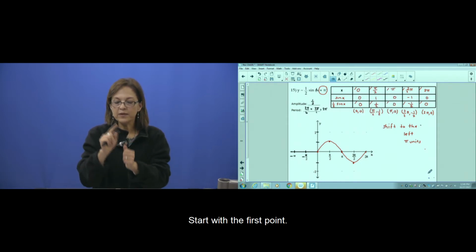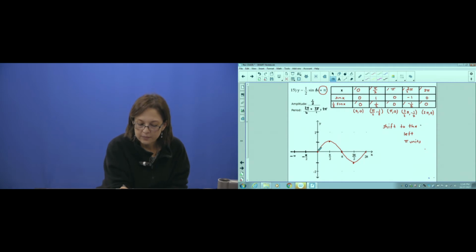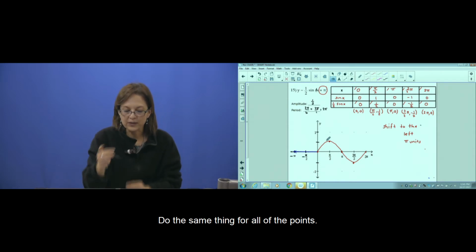Then start with the first point. Do the same for all the points.